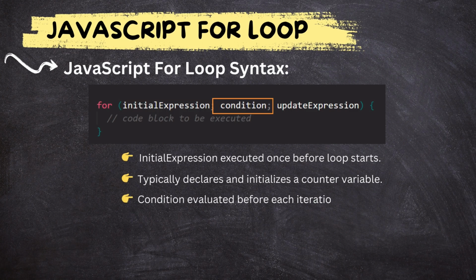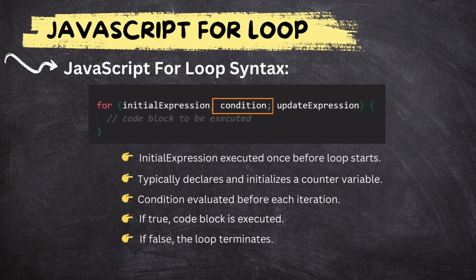Then the condition is evaluated before each iteration of the loop. If the condition is true, the code block is executed, and if the condition is false, the loop is terminated. The condition is usually a comparison between the counter variable and a limit value.